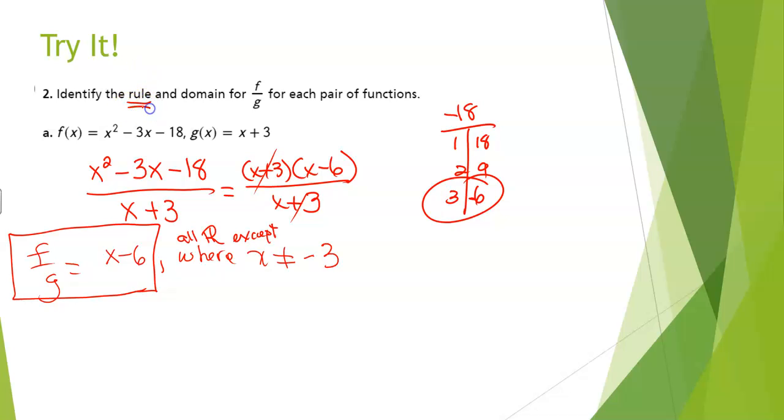And the domain is all real numbers except x cannot equal negative 3, because if x is negative 3, you would have an undefined. You'd be dividing by 0, and that's breaking one of the rules of math.